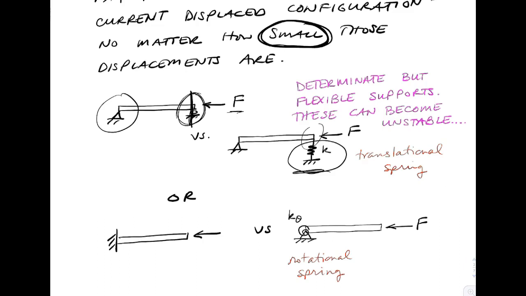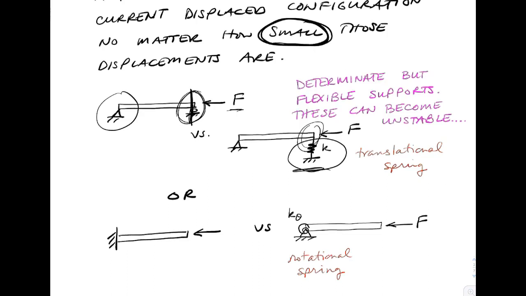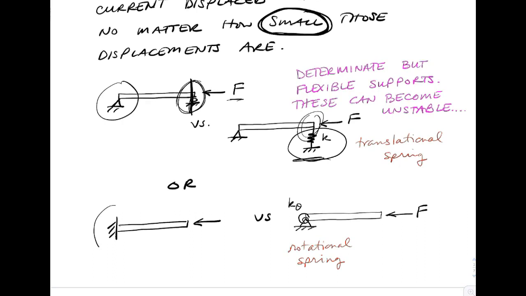So we're going to take equilibrium in a displaced configuration. Here would be another example in something that is determinate with a fixed support. That fixed support perhaps isn't infinitely rigid but has some rotational flexibility, and we would represent that with a pin and a rotational spring with stiffness K theta.